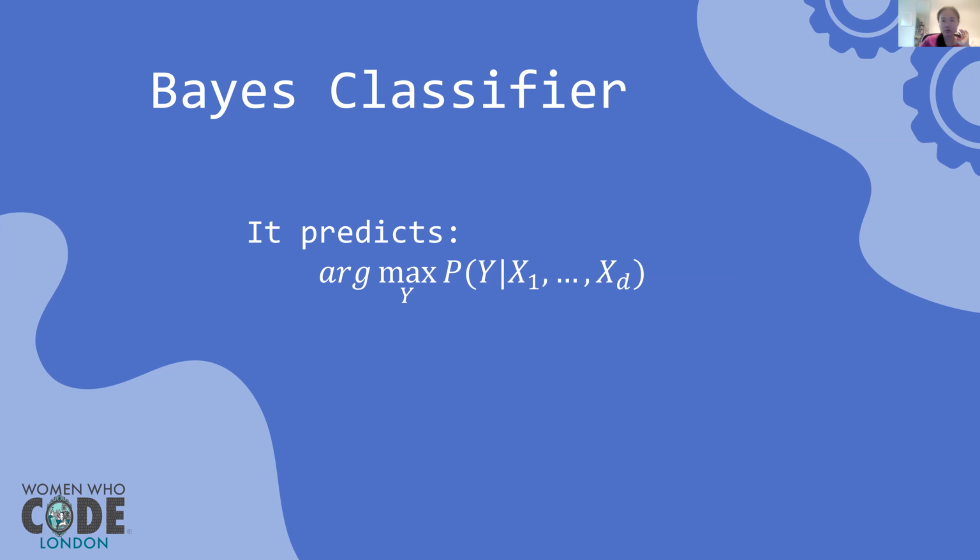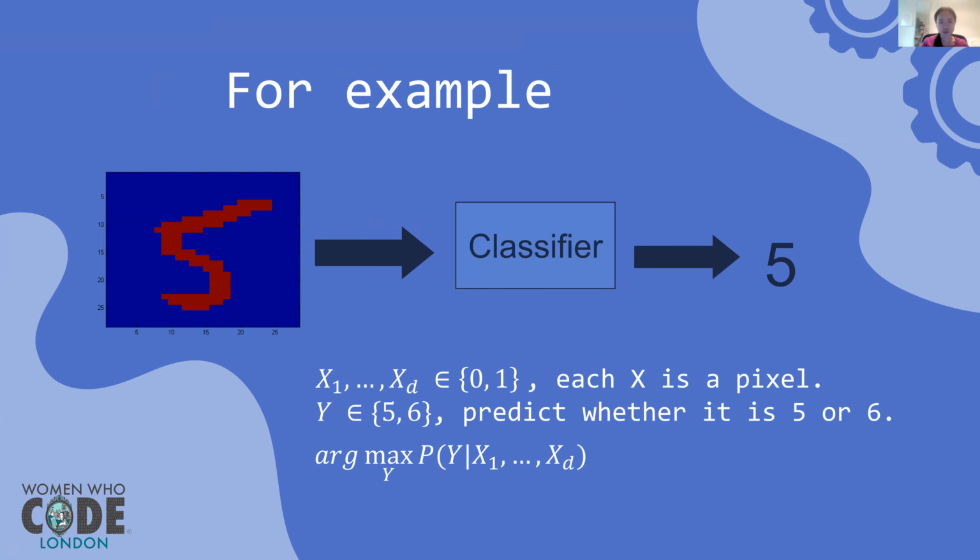I know it might get a little bit too complicated, but please feel free to interrupt me if you have any questions. So for example, I have a digital picture of binary data.